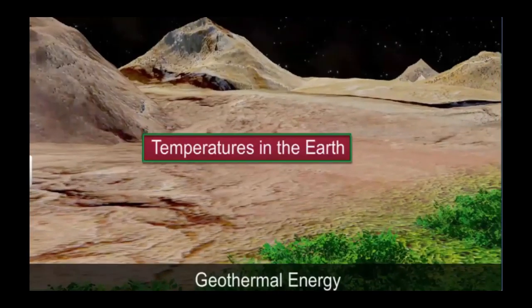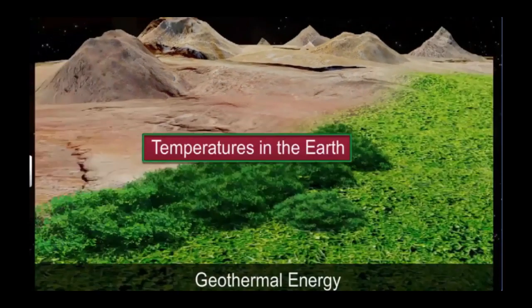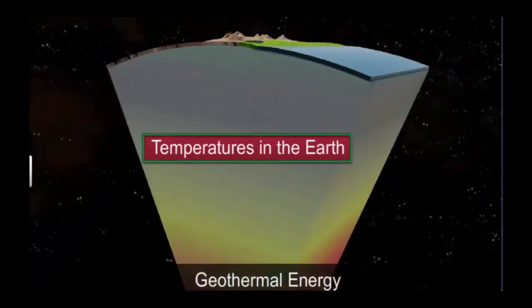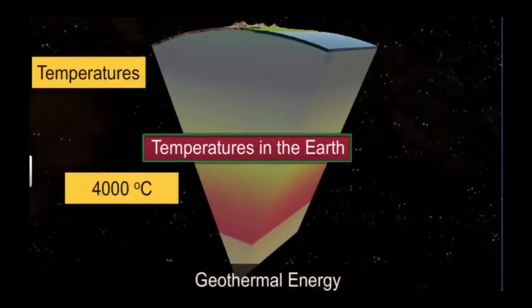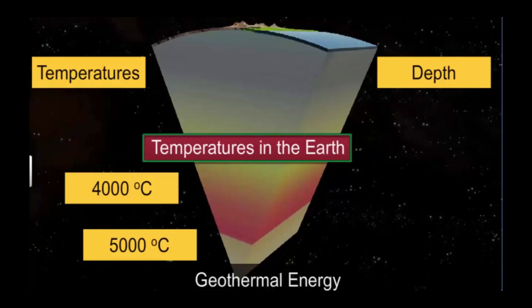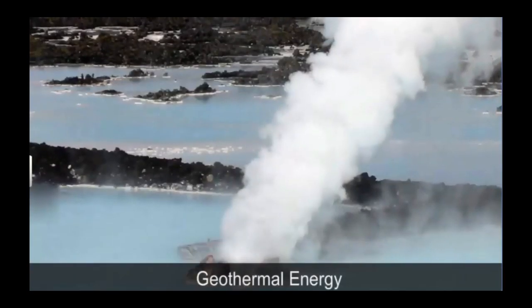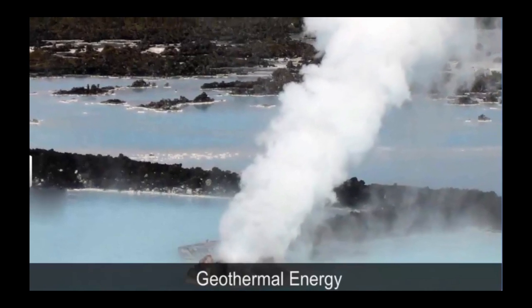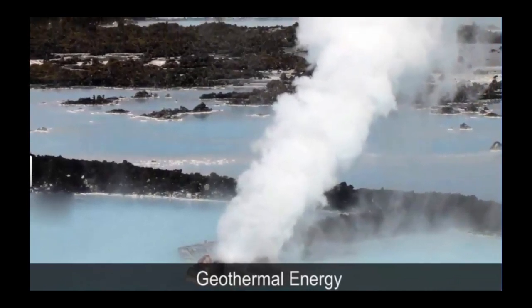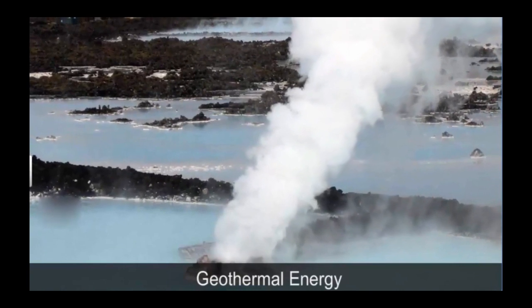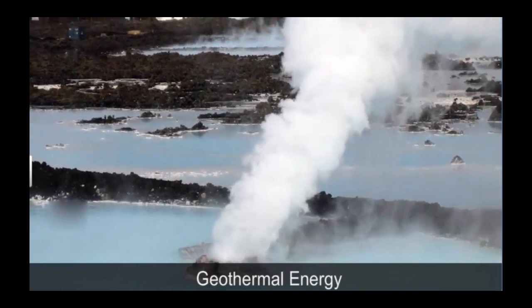If you start digging a hole towards the center of the earth, you will find that it gets hotter and hotter as the depth below the Earth's surface increases. This heat trapped in the depths of the Earth is called geothermal energy. Groundwater absorbs geothermal energy and, at some places, shoots out as geysers of hot water and steam.